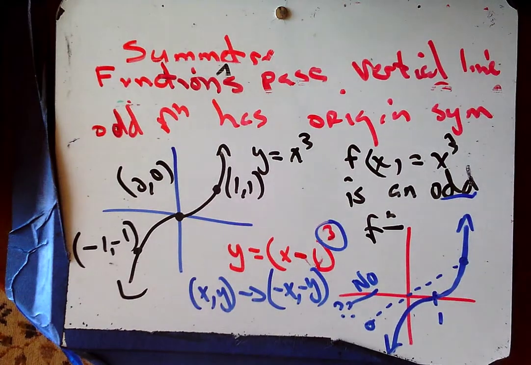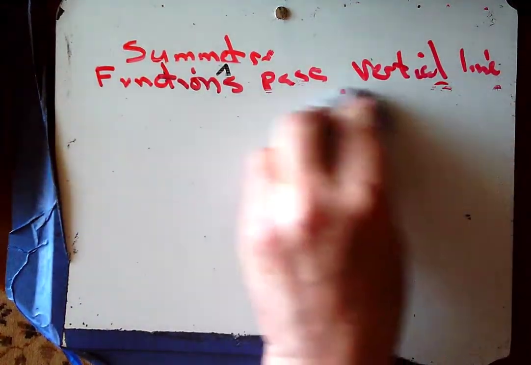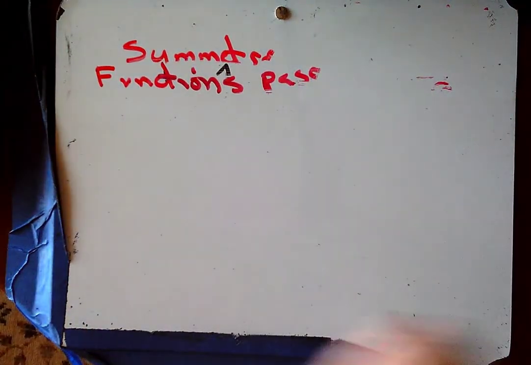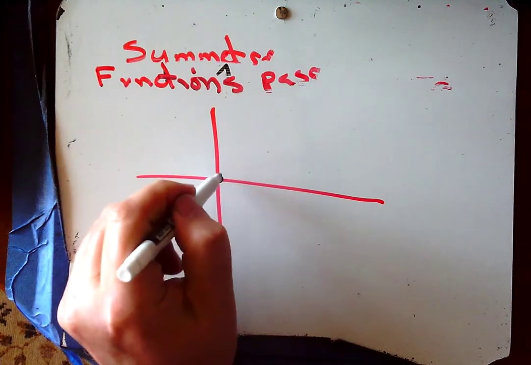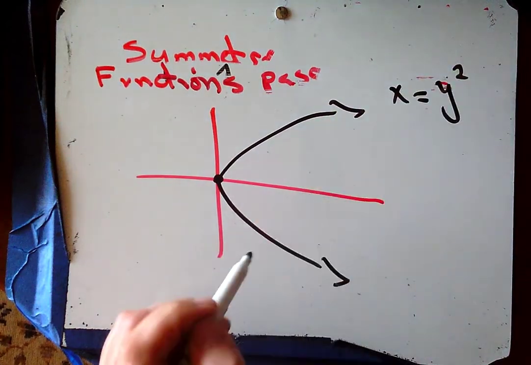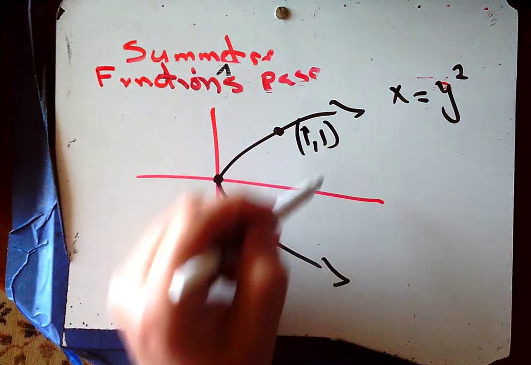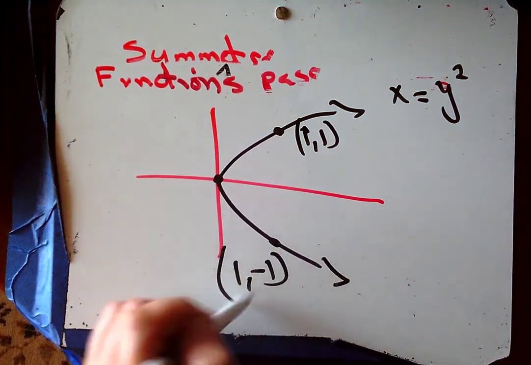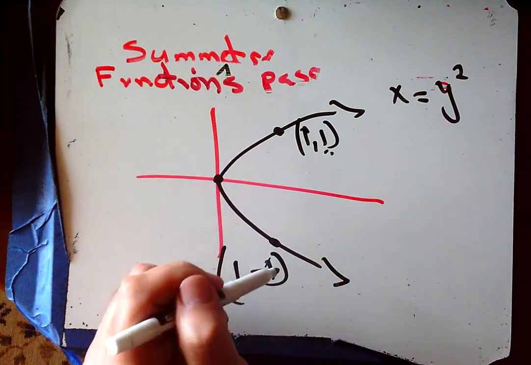Now, we had y-axis symmetry was an even function. We had origin symmetry was an odd function. What about x-axis symmetry? What type of function is that? Well, let's take a quick look. X equals y squared. We said this had x-axis symmetry because we saw the y value change sign. Same x, different y's.